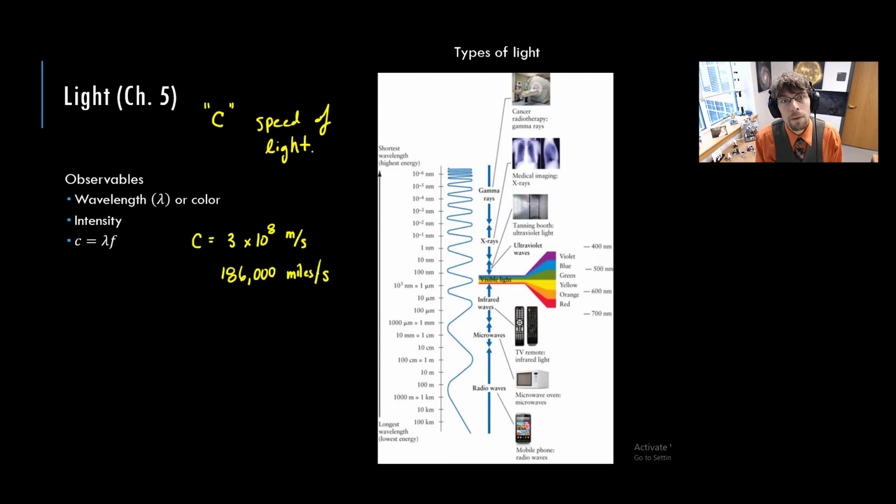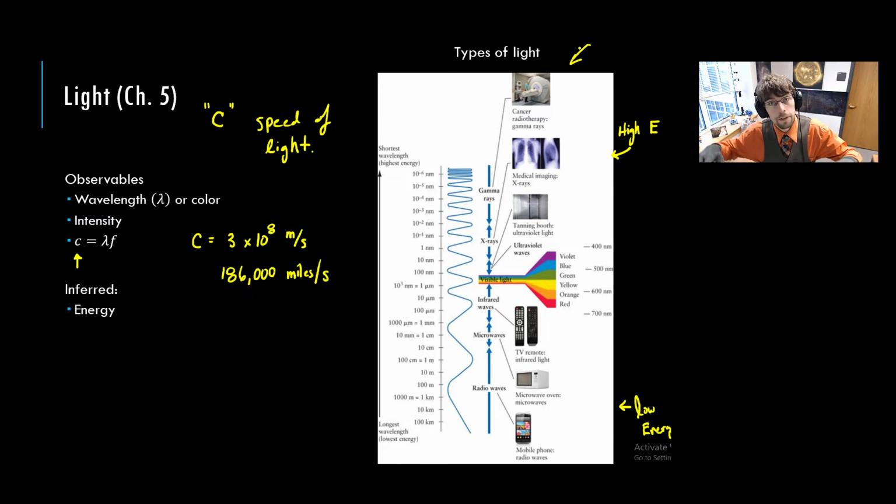Now, from those three characteristics, the wavelength of light, the intensity of light, and the speed of light, we are going to be able to infer about 5 different things. The first thing that we can infer is the energy of light. And this one, I'll just give it to you. Notice the longer the wavelength, the lower the energy.